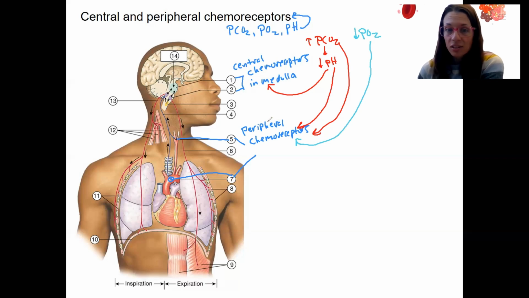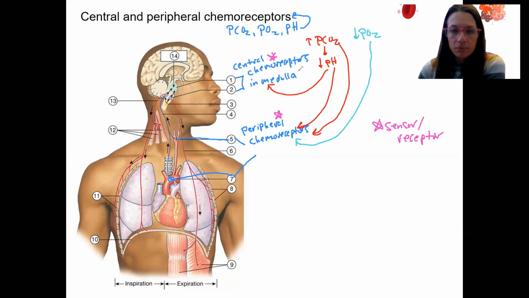So the sensor is going to be chemoreceptors, right? That's a receptor, a sensor, either here or here. Here is our sensor receptor. Our integrator is, regardless of where the sensor was, going to be the medulla, the control region.